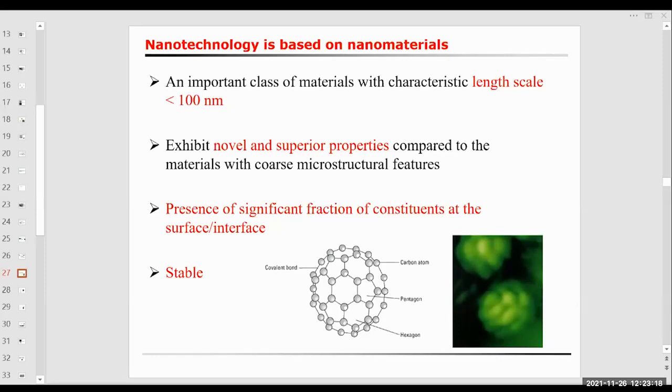Both the particles and crystallites are constituted by either atoms or molecules or ions. When we talk about an amorphous particle, the constituents, whether they are atoms or molecules or ions, are randomly arranged. There is no order in their arrangement. But in the case of crystalline particles, there is a neat, very systematic arrangement of atoms or ions or molecules.